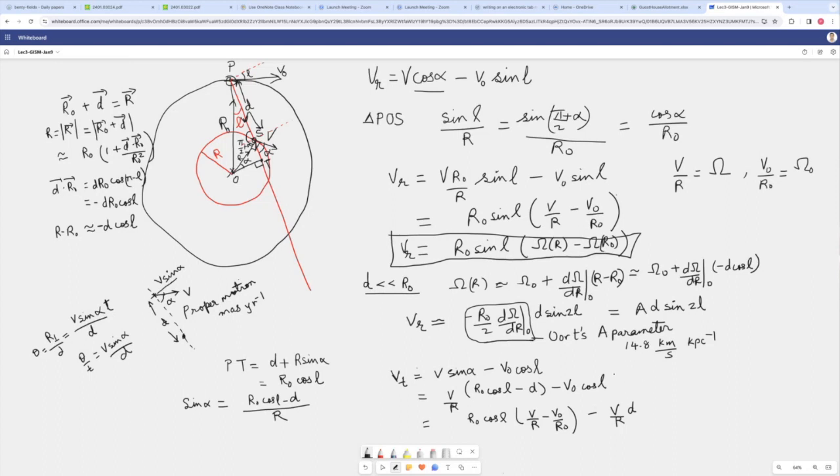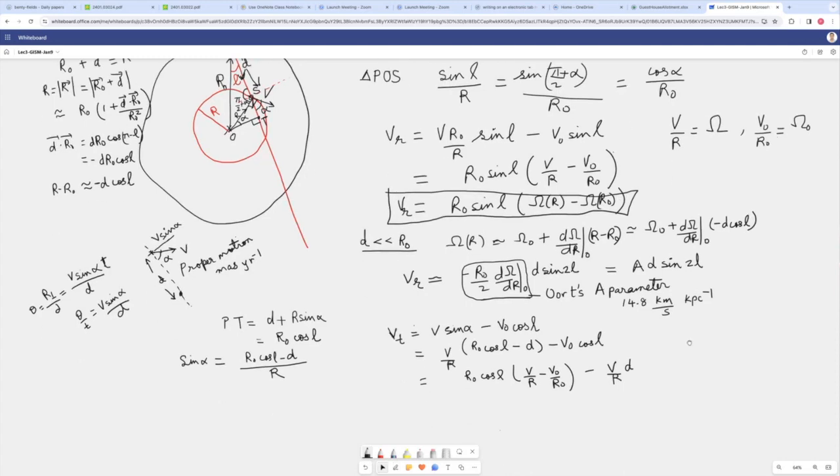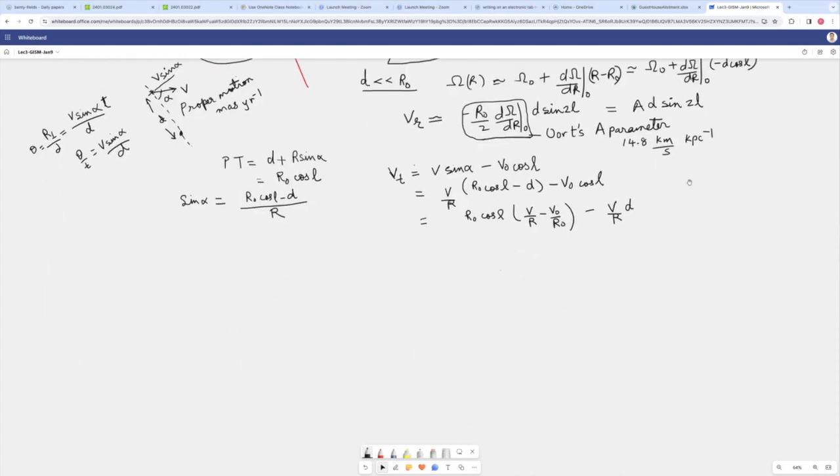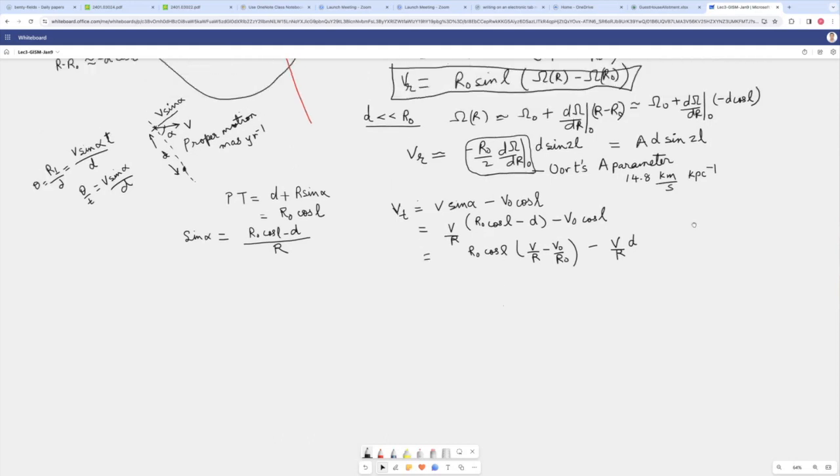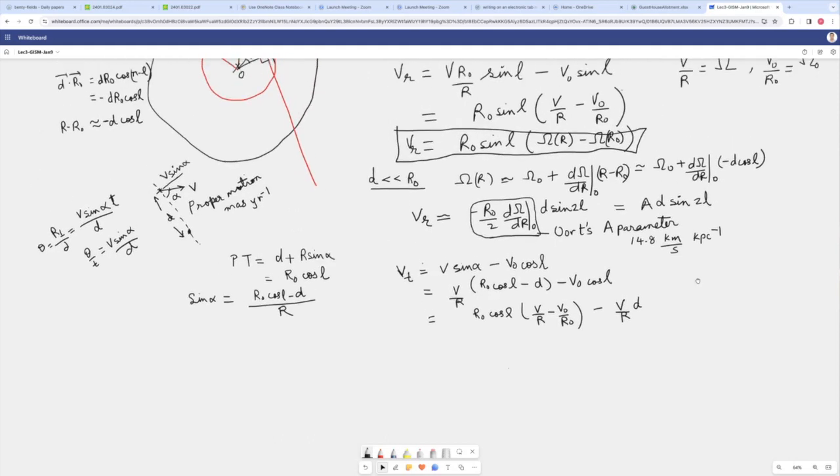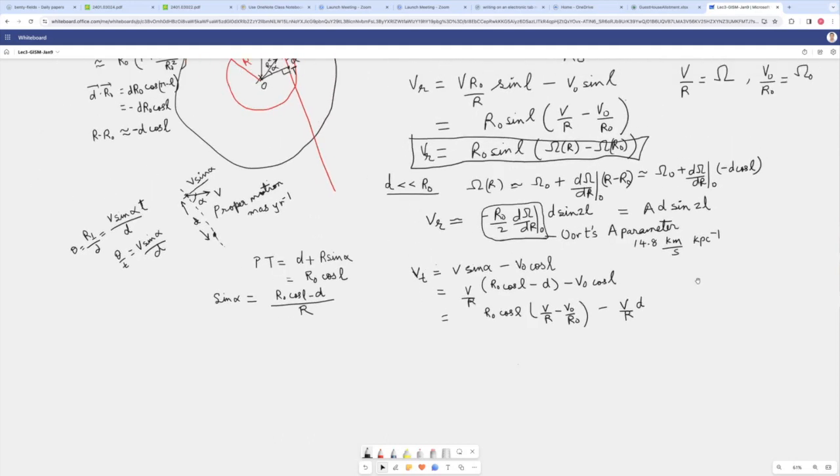Again, we can use this approximation that we are looking in our neighborhood, so we can again use this expression for omega. So this is omega minus omega naught.